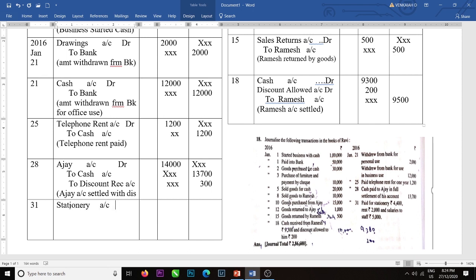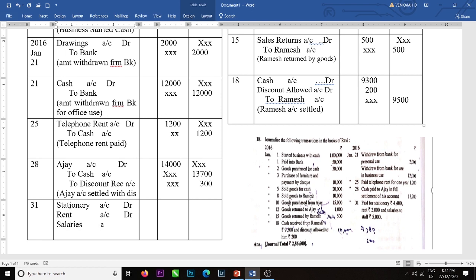Stationery is debited because it is a nominal account and an expense. Rent account debit. Rent is an expense used for business. Its existence is only 1 year.